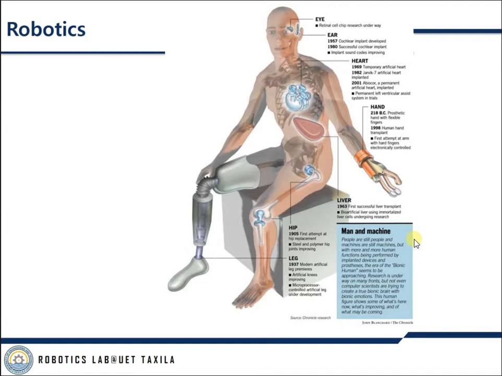You can notice his bionic eye, his bionic ear, his bionic heart, bionic liver, hip and knee joint, and then you can also notice his amputated right leg. So guess what? Robotics is working to replicate these human organs lost in accidents or simply because of growing old.